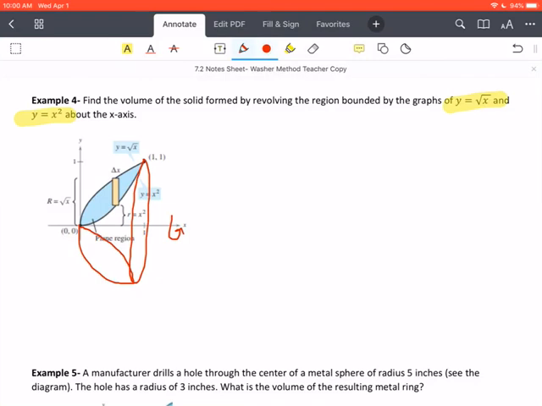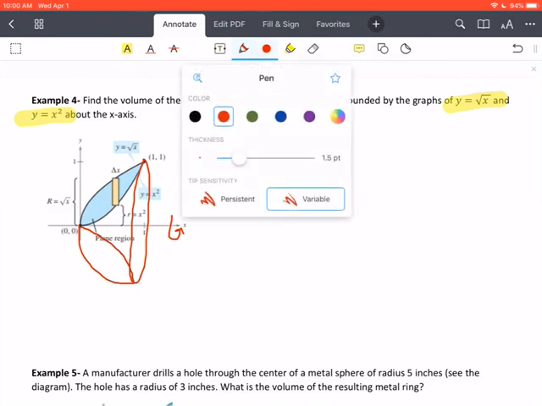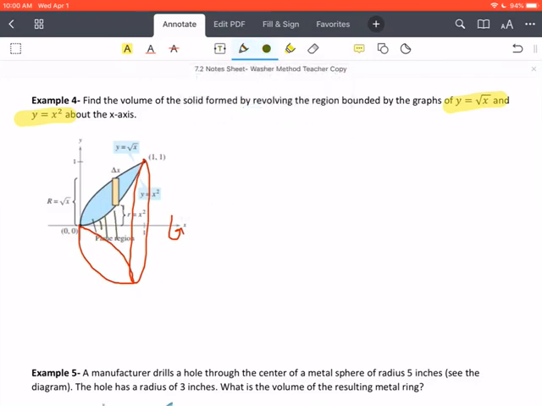We're going to rotate that flower petal so you can see that the hole is going to take place kind of in this region right here. So think of a bowl. So in order to do this, we have to establish what defines the hole. The hole is defined by the lower function, and then what defines the outermost part of the solid, that is going to be defined by the upper function.